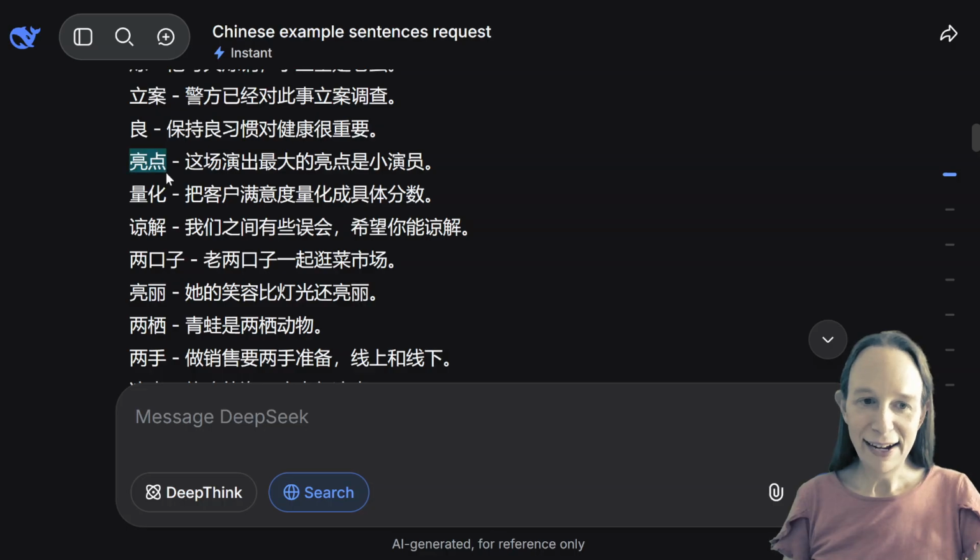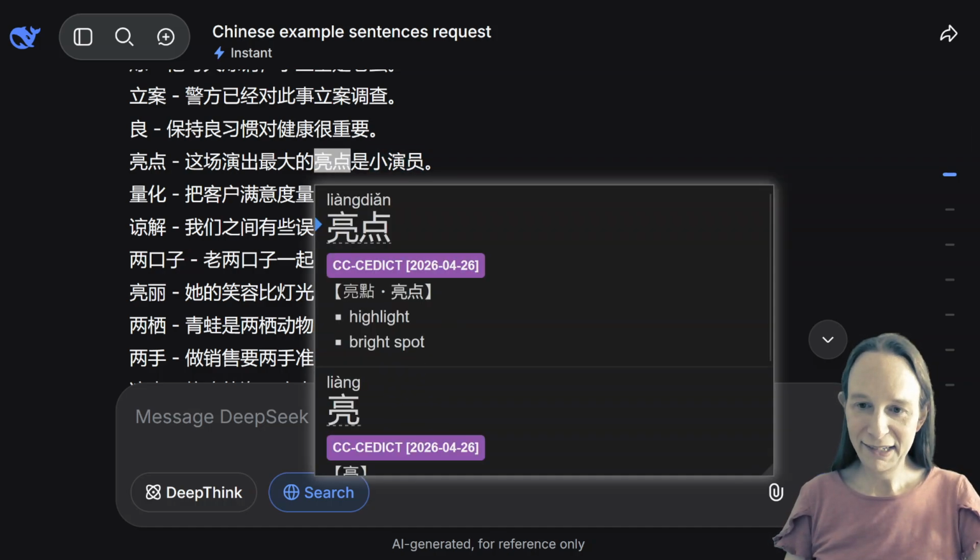All right, 亮点. I presume it means a bright spot. 这场演出最大的亮点是小演员。Bright spot, but also highlight.